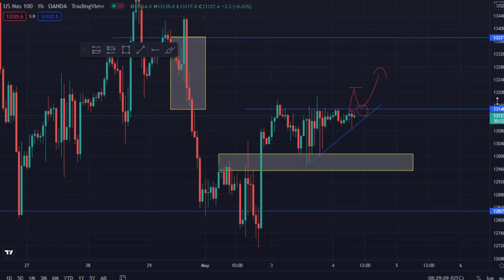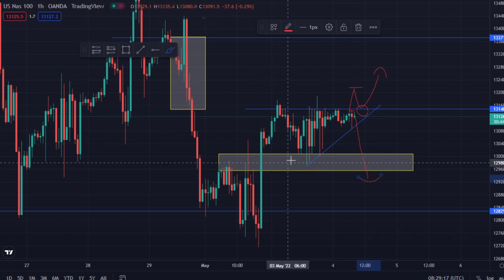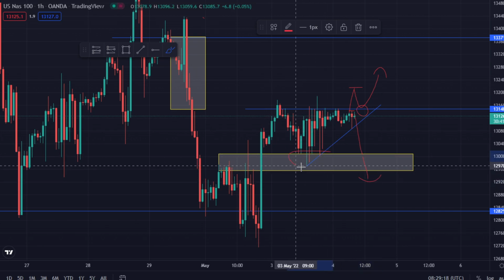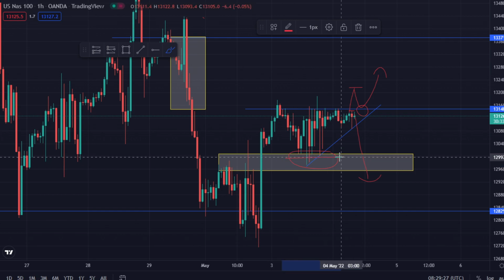The other scenario that we can look at as well, guys, is if price now decided to come and break under this area of support that price was creating yesterday. You guys could see that price basically came and tapped into this area multiple times. But if price decided to come down and take out this liquidity right there, you guys can see we have equal lows there as well.